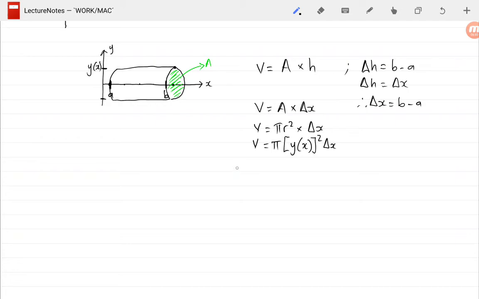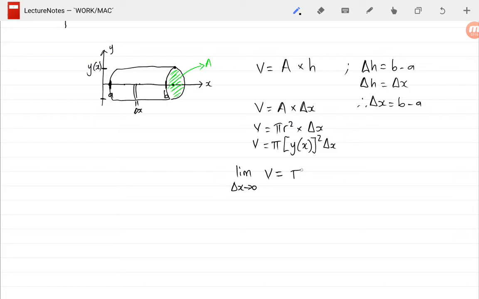So if we say limit as change in x goes to 0, because we want to find the fine summations of our area, for a very specific change in x here, which is going to be very small, we want it to go towards 0, as we did with integration when we started. We're saying as it goes to 0, we want to see what volume looks like for the same limit. So our change in x going to 0 is going to become a differential.